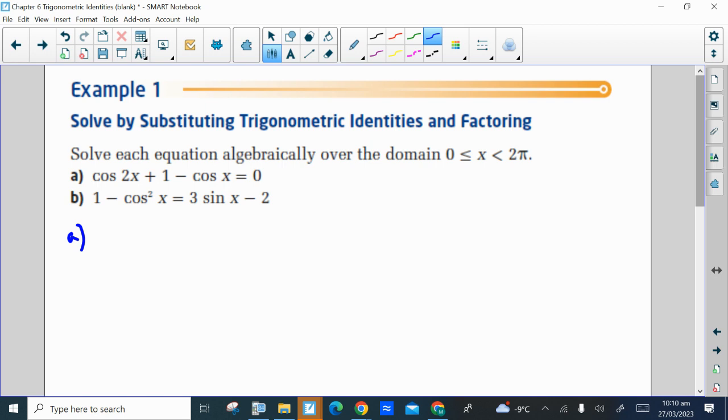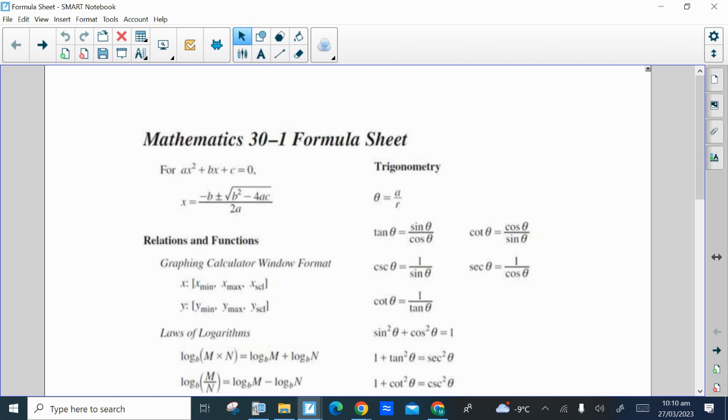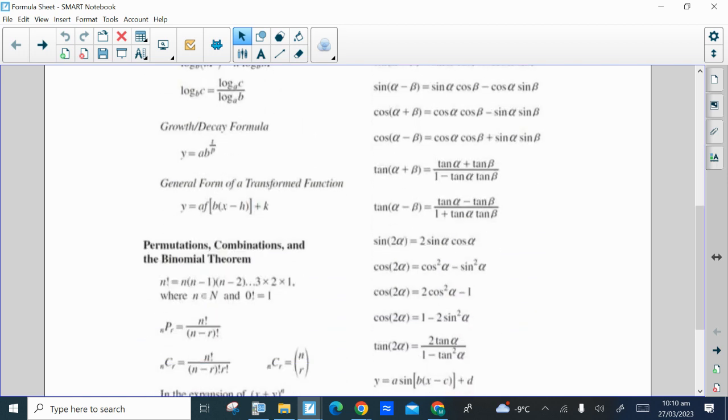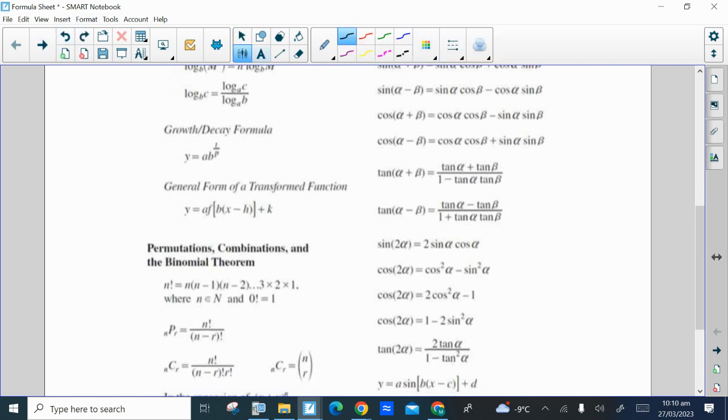We have three different substitutions that we can use for cos 2x. But if we look at this, we also have a term that is cosine x, which tells us that we want to use the double angle identity for cosine that only involves cosine, which would be this one right here. The first one involves both cosine and sine, so we don't want to use that because in our equation we have a cosine term.